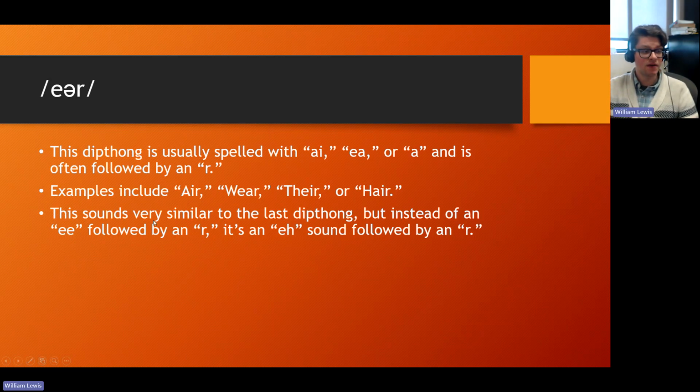And this sounds very similar to the diphthong we just talked about, but instead of an E, which trails off into an sound, this is A, which trails off into an sound. So deer, it's ear, but with this diphthong, air, where, it's an sound, kind of starts more in the back of your mouth and then moves forward.